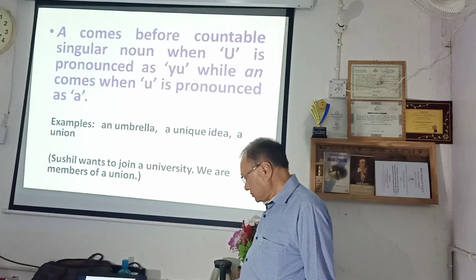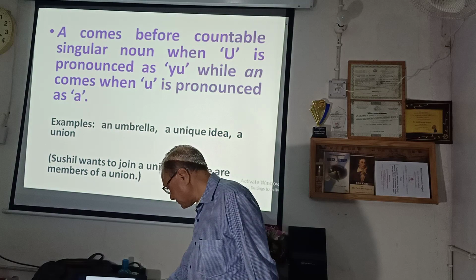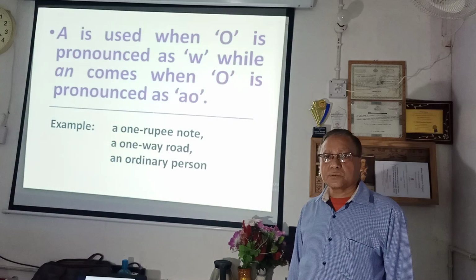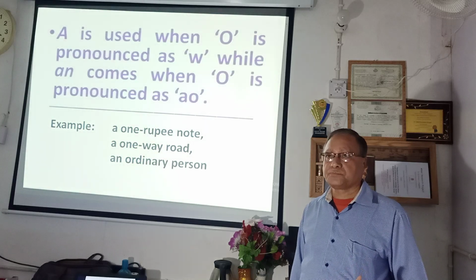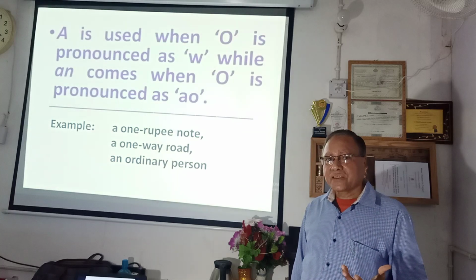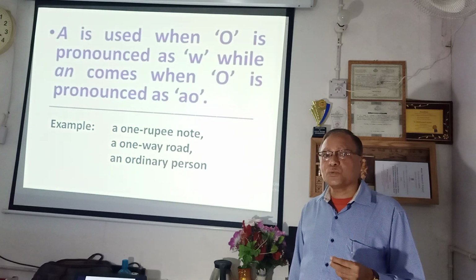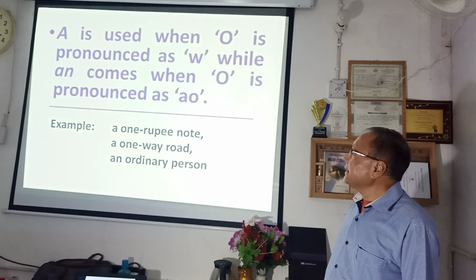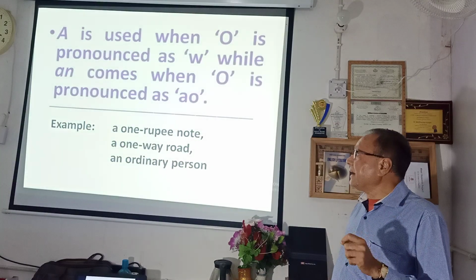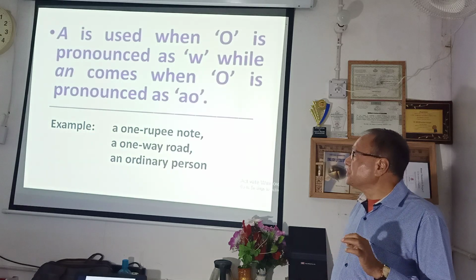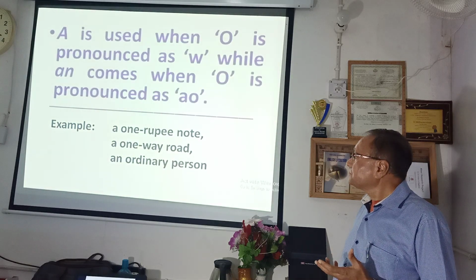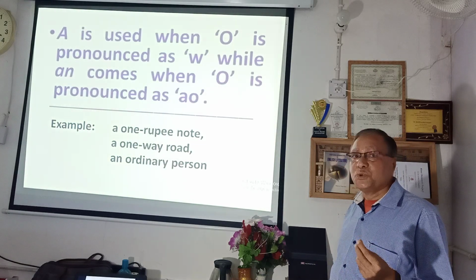Now, let us proceed and come to the use of O. O is sometimes pronounced as O and sometimes pronounced as W. So a is used when O is pronounced as W, while an comes when O is pronounced as O. Example: a one rupee note.